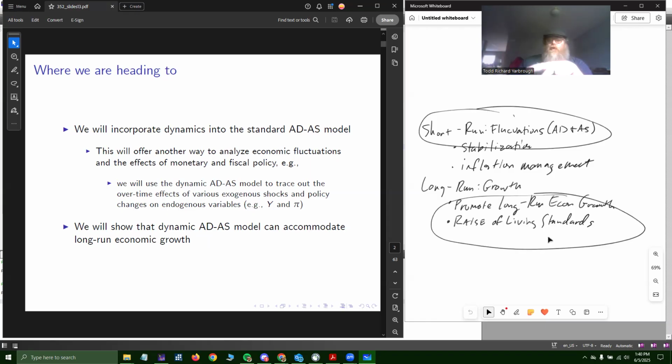So if you don't get the short run stabilization right, if you don't get the short run inflation management right, then you're not going to get the long run growth. Everybody believes that, right? There's nobody who thinks that you could react to supply shocks poorly, react to other economic dynamics poorly, and that ends up getting you long run growth.